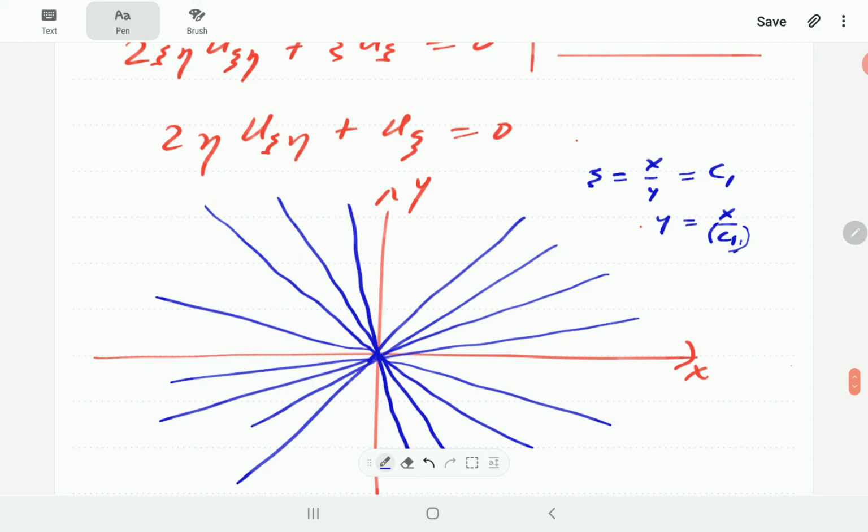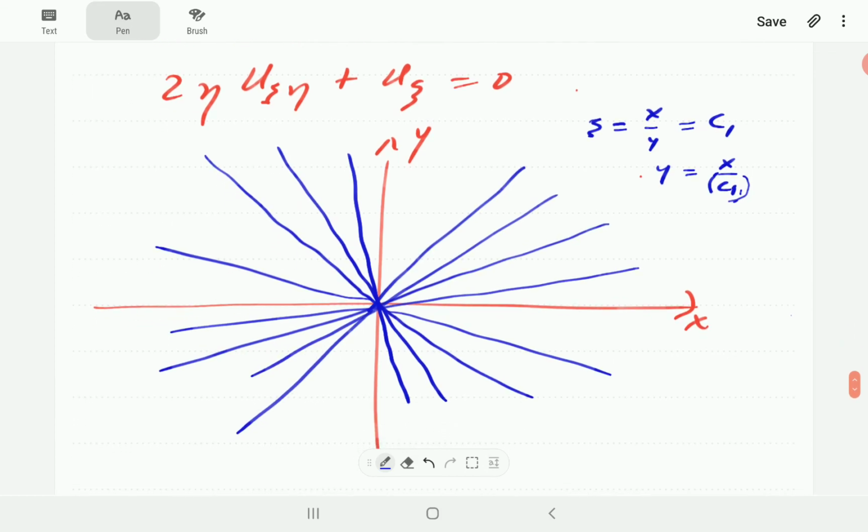a bit like your angle equals constant in your polar coordinate system. So for instance, this is xi equal to 1, this is xi equal to -1.